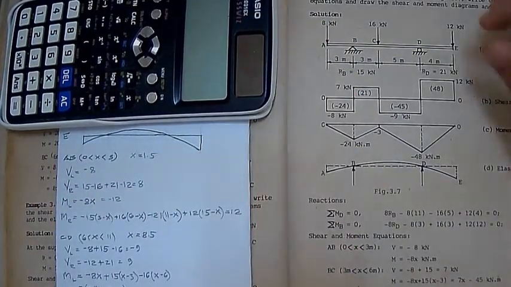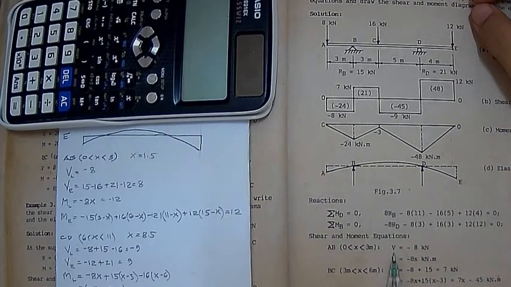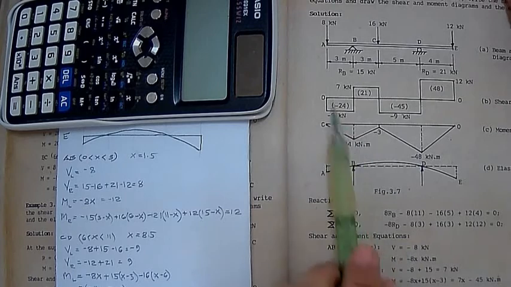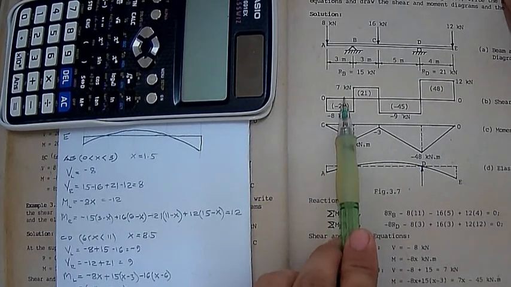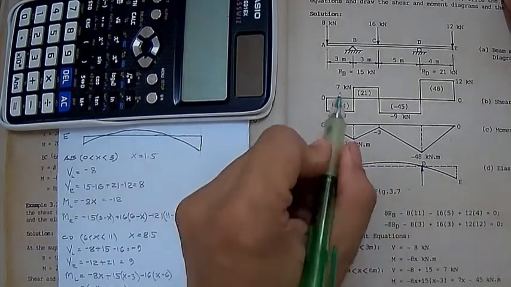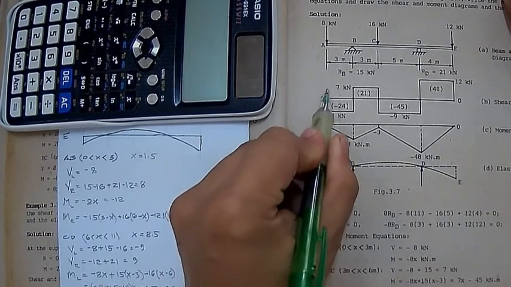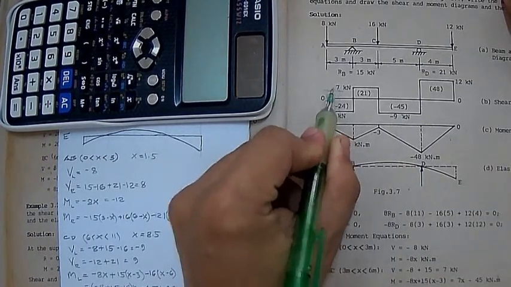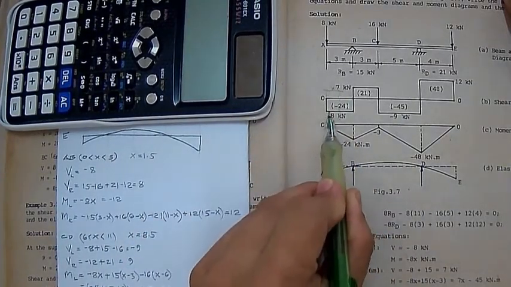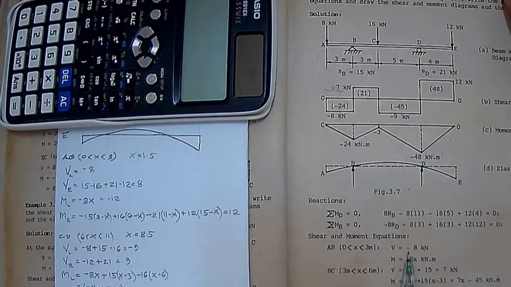So, yan. Dito, your shear is negative 8. You look here. So, at any section, kung ito yung value ng x, your shear is constant at 8. Okay?